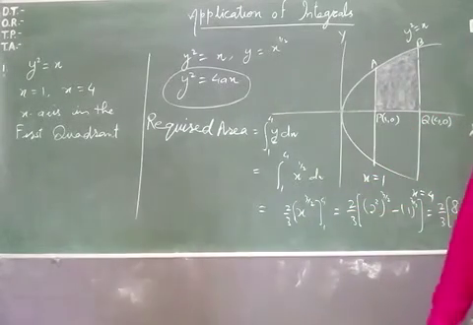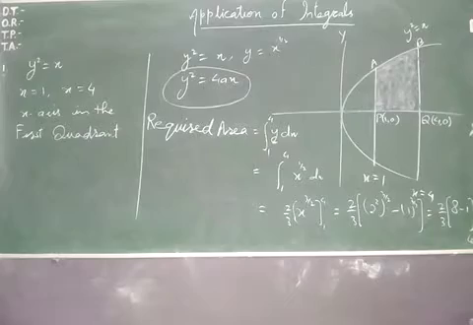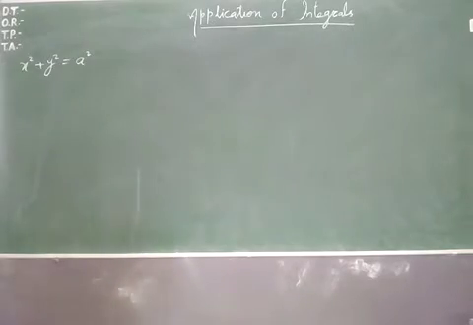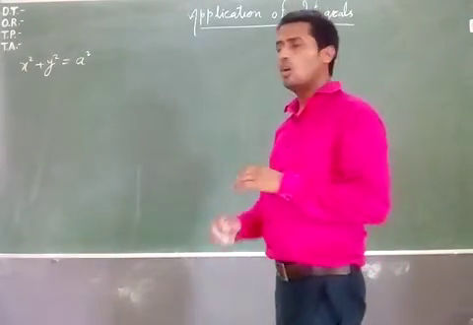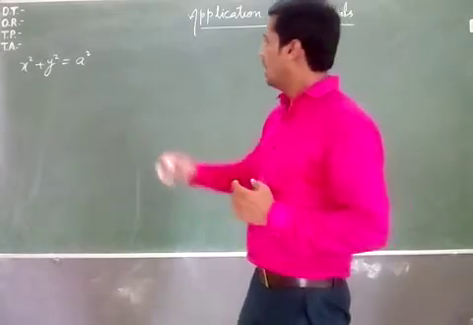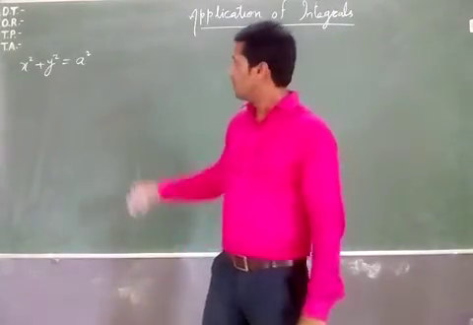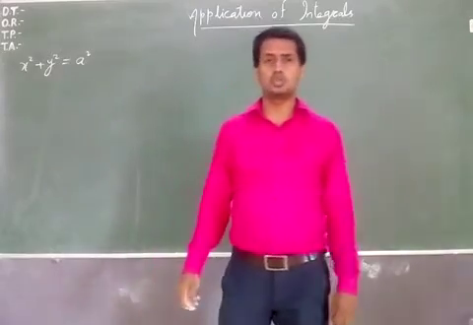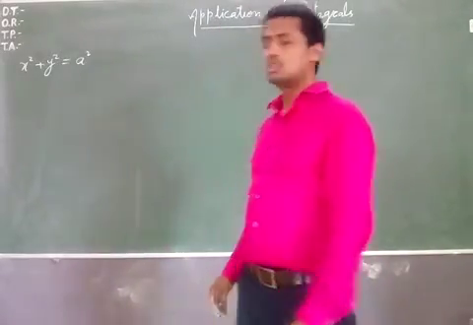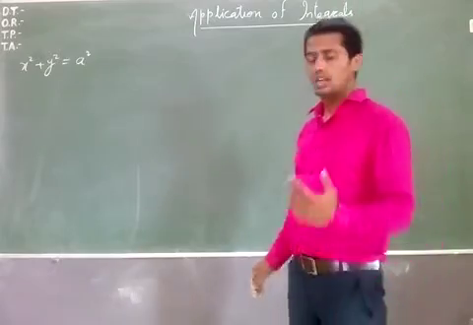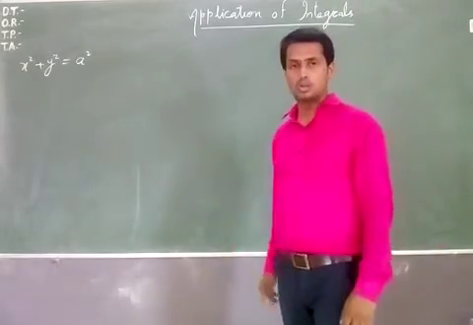Now we will discuss one more question. The next question is: find the area of the circle x square plus y square equal to a square. We know that this is the standard equation of a circle with center 0, 0, meaning center at the origin, and radius equal to a.